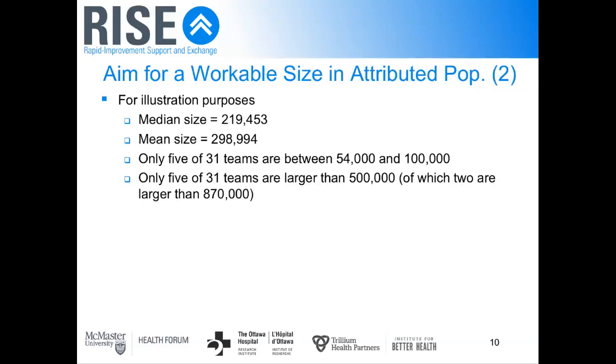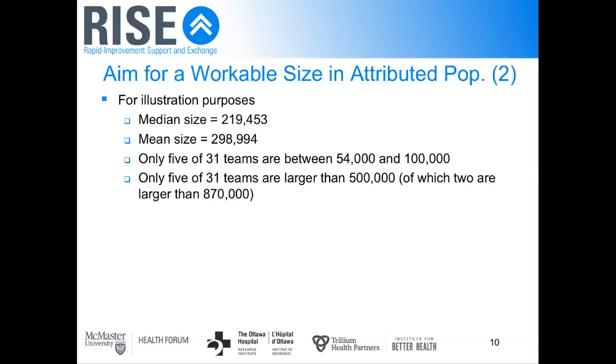The mean size is just shy of 300,000. So the mean is bigger than that median, meaning that there are a number of teams that are much larger that are pulling up the mean.